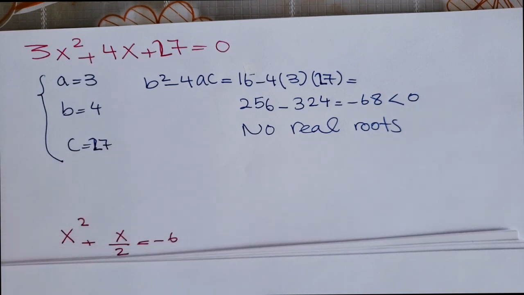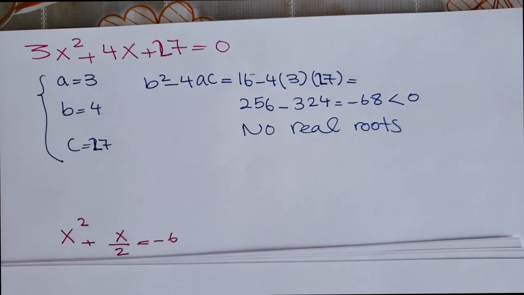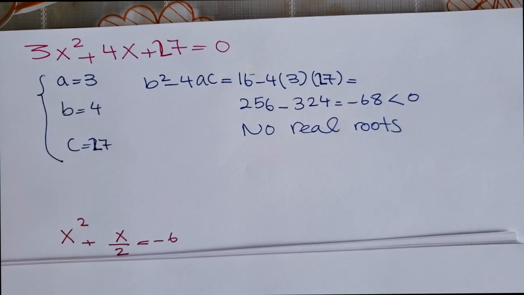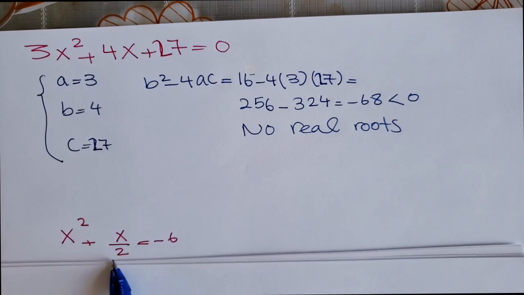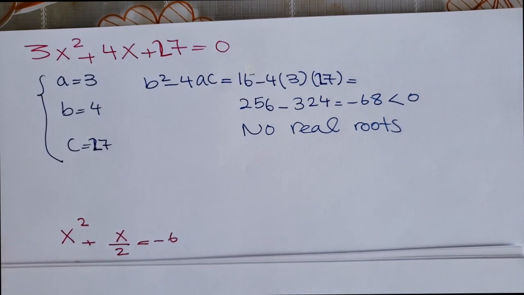Let's do another example. This example is rather different from the previous ones because here a is 1, b is a fraction, which is actually 1/2, and then c is actually like the whole function.